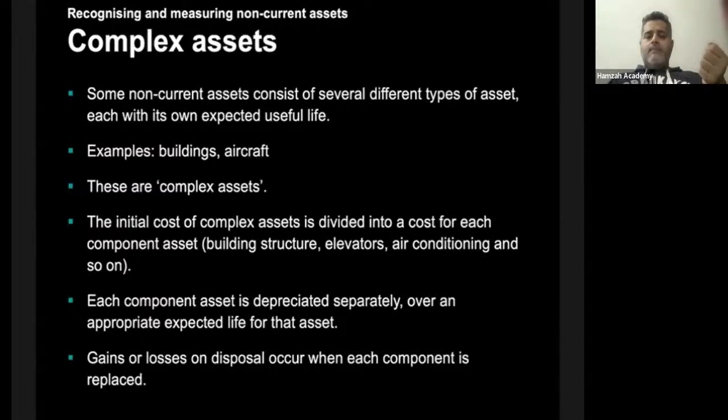Now, one example is an office building in which you have the elevator system, you have the air conditioning system, you have the heating system, you have the main structure of the building as well, right? Another example, you have the aircraft which has its body, the engines, the exterior, and the interior as well.